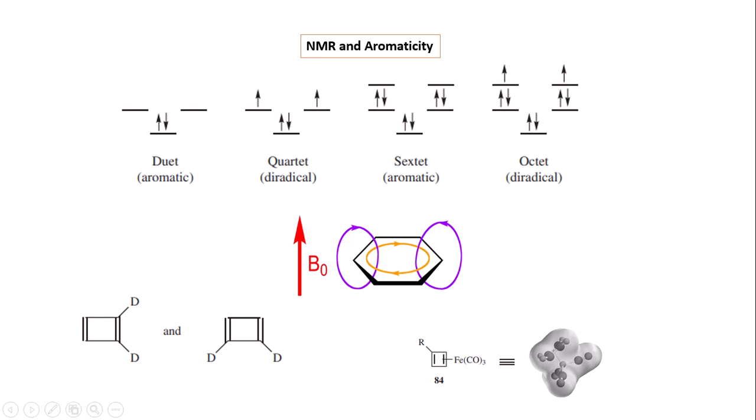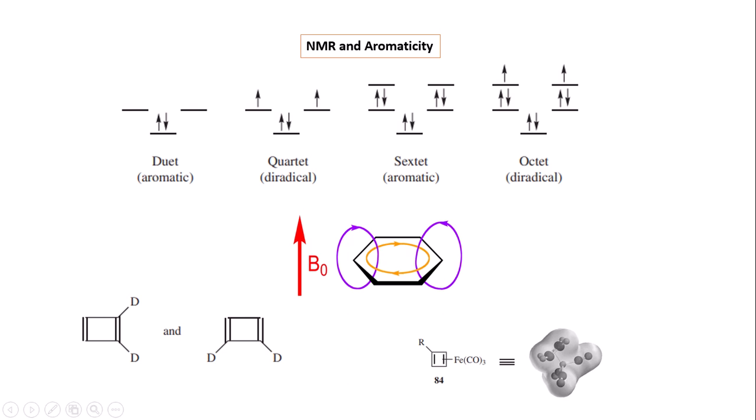So in the [18]annulene, the 2 and 6 protons are both in the diamagnetic regions. In the 4n systems, the electrons are present in a parallel nature, so the inner orbitals are in the paramagnetic regions and the outer orbitals in the diamagnetic regions.